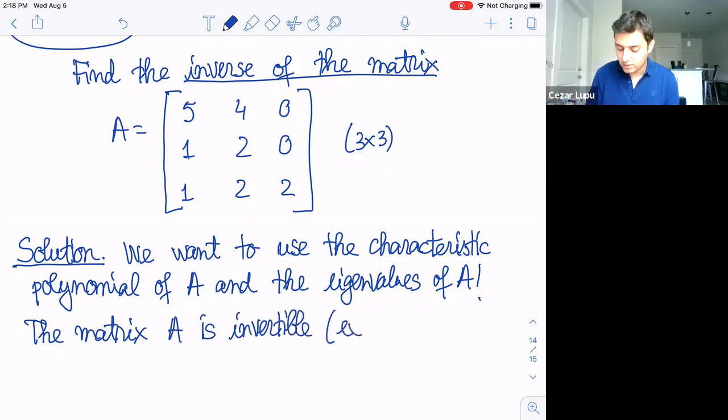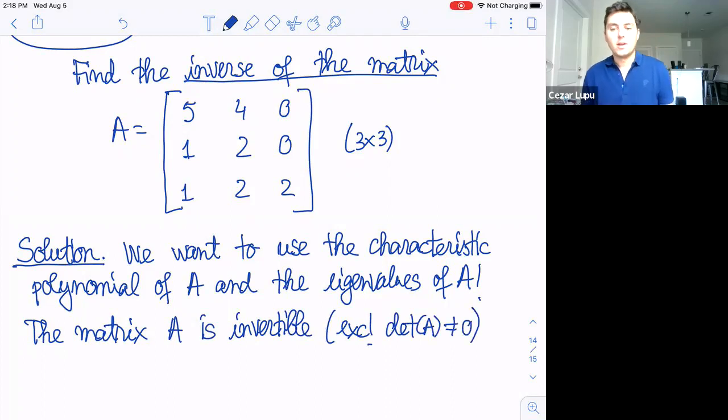And I'll leave this to you as an exercise to show it, just compute the determinant. The determinant is not 0. And now you have plenty of options to compute the inverse of a matrix. You can compute the cofactors of A, and then compute the adjugate. Well, you can do this.